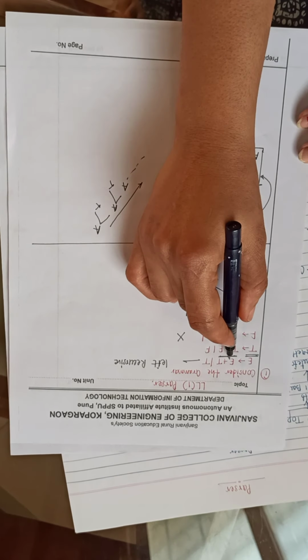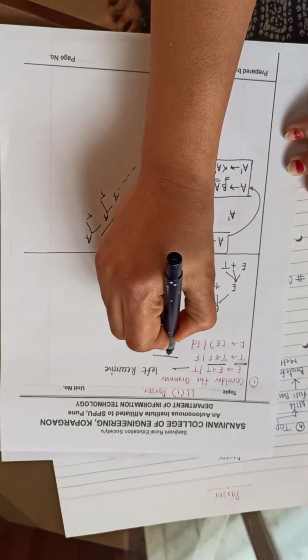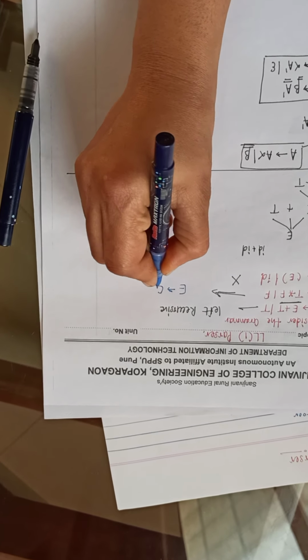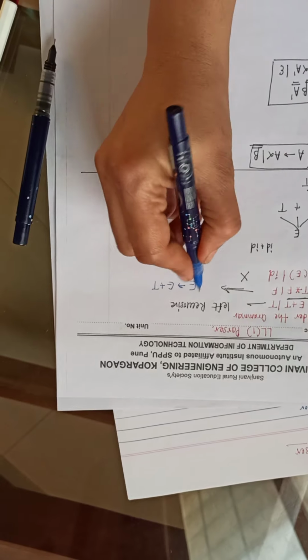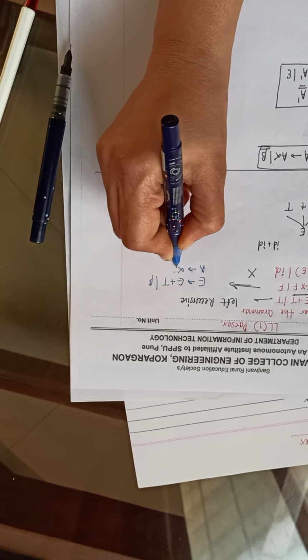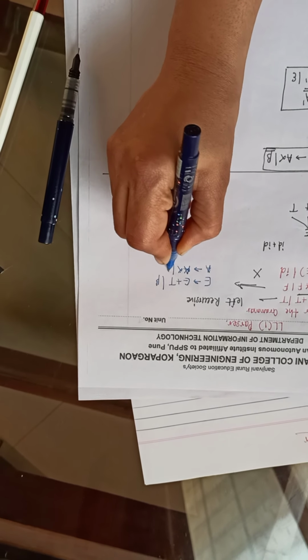Let me apply this on this rule. As we have E gives E plus T, we have to compare with A gives A alpha or beta.